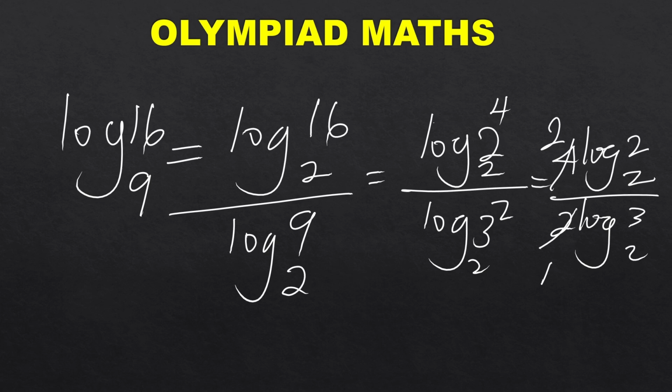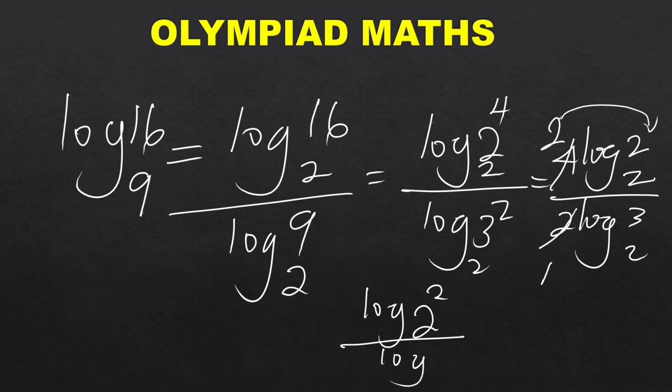Since everything is in base 2, I can decide to say that this is the same as 2, so the power goes up here, and I'm going to have log 4 all over log 3.